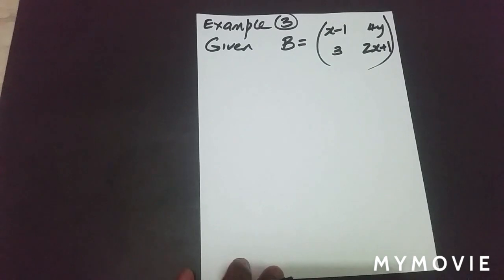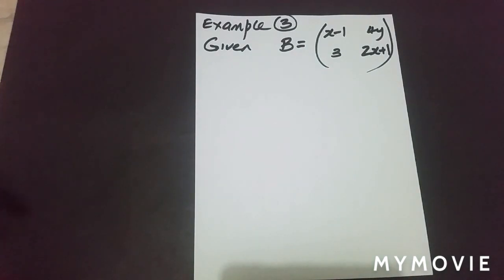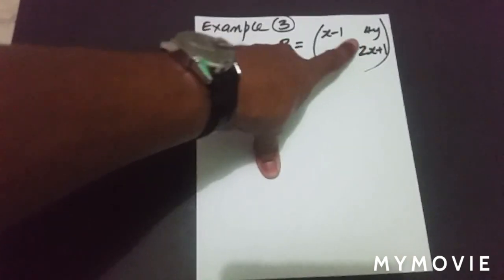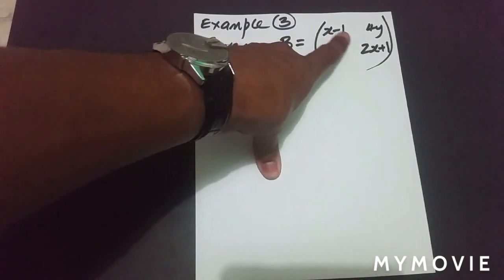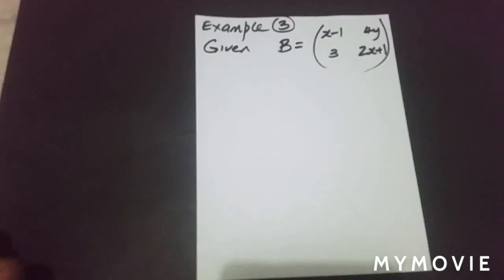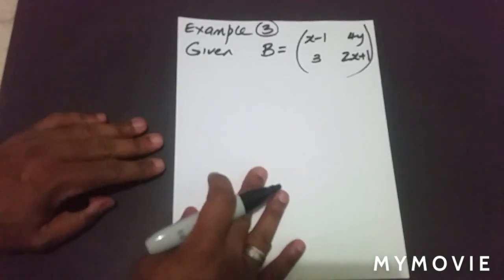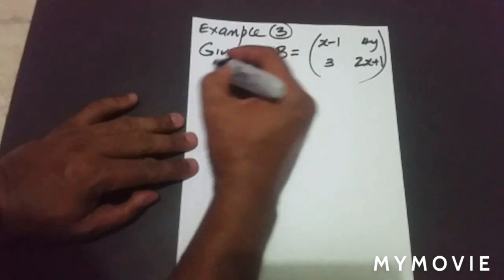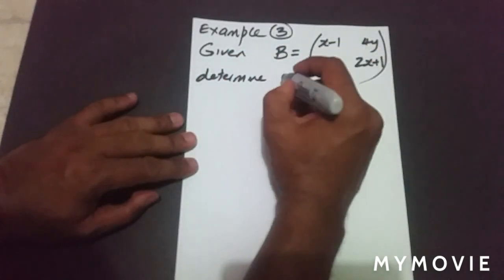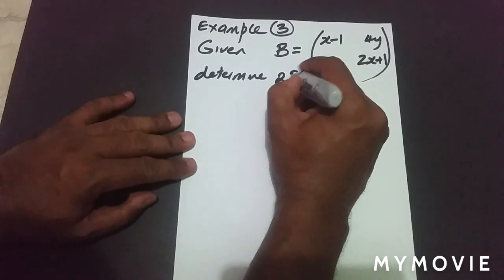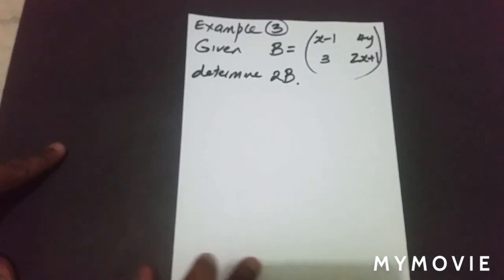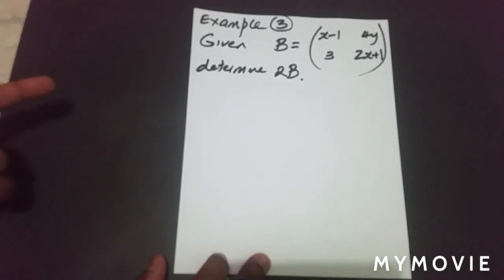Now, red flag immediately. Whenever you have matrices with algebraic expressions in them, you must be very, very careful. They give us this matrix B and they ask us to determine 2B. So it means we're multiplying matrix B by 2.